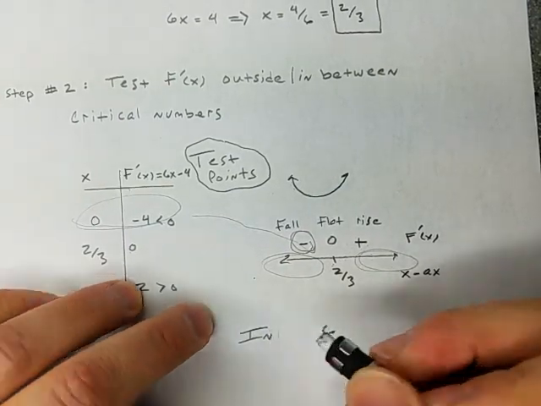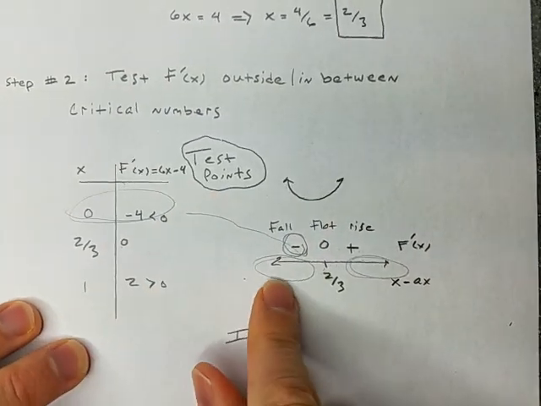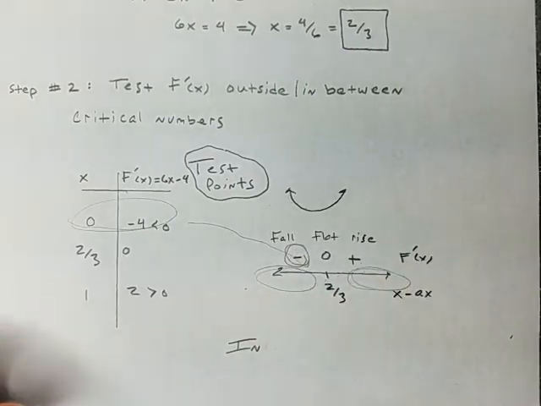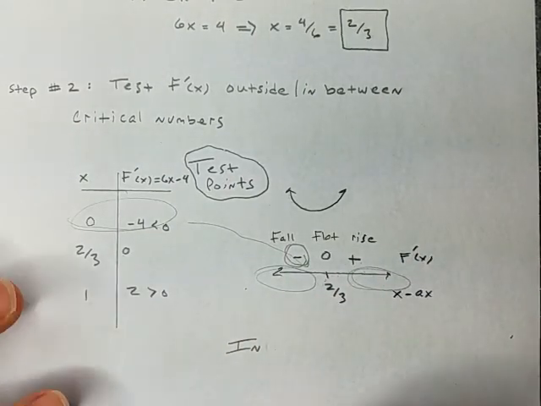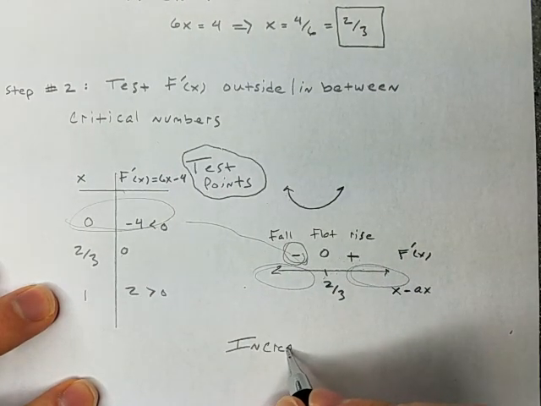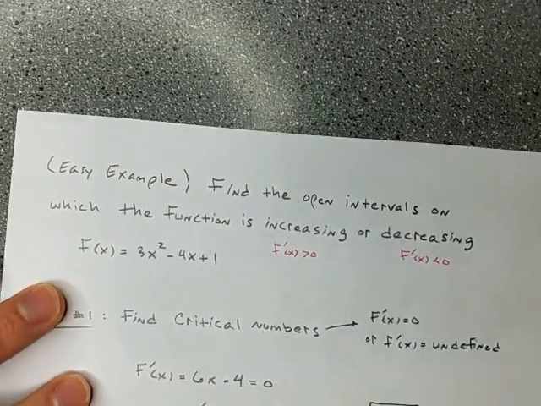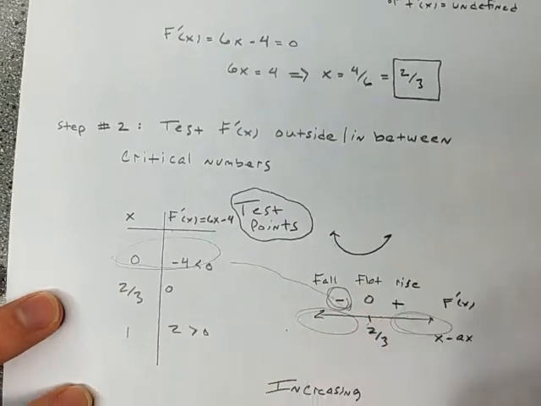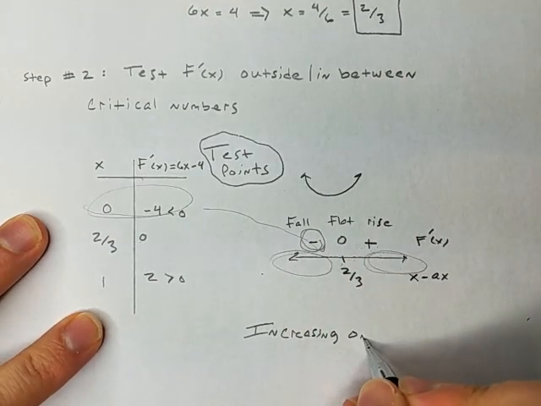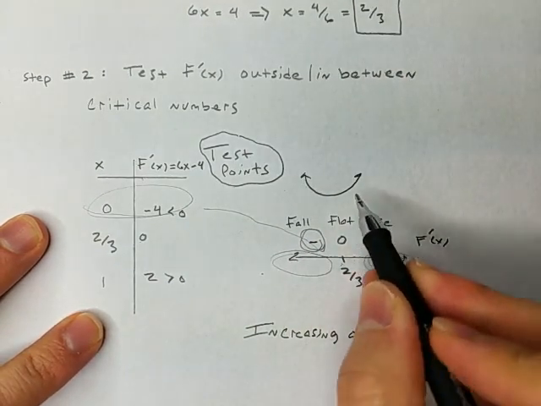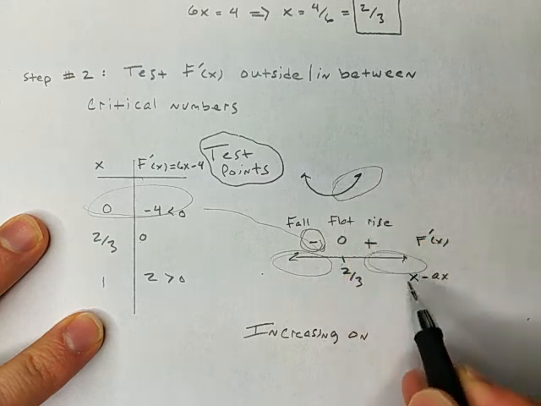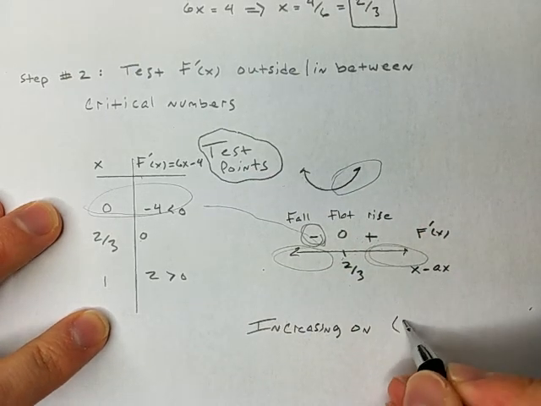I had test points, I put them on a chart, and I made an inference about the shape and so on. But in the problem it says find the intervals on which the function is increasing or decreasing. So it's increasing on, that would be this, 2/3 to infinity.